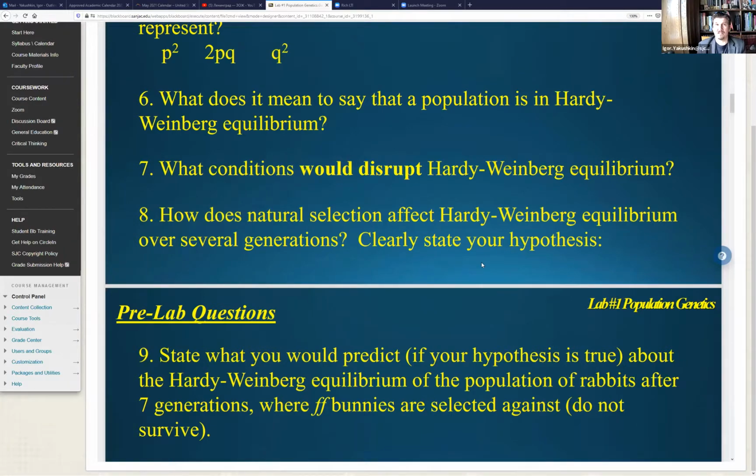And the answer is a very loud, resounding no. None of the populations in the real world are at the equilibrium.